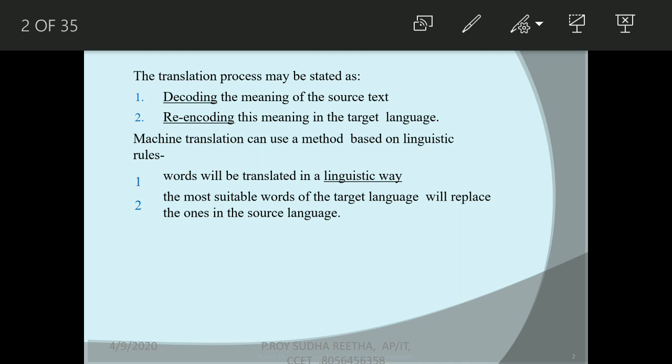The main aim of machine translation is that each word will be translated into one linguistic way, and secondly, the target language will replace the source language. These are the two things mainly used in machine translation based on linguistic rules. First, we translate the word into one linguistic way, and secondly, we convert the target language, which will be replaced with the source language.